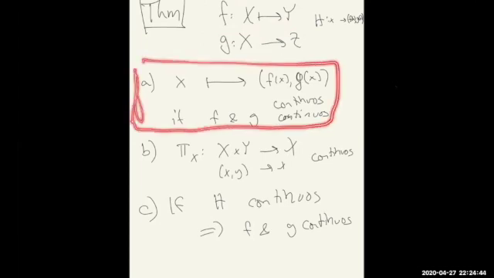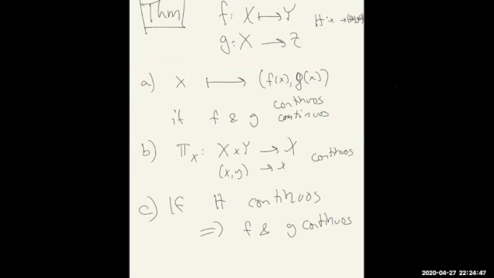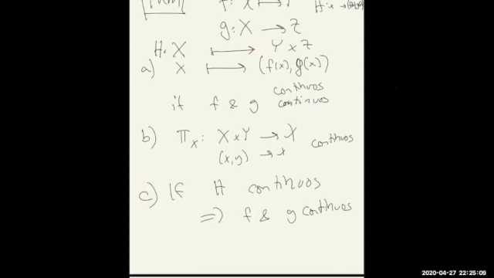First of all, if you place those functions as components of a single function, so h sends x to the pair f, g, and this is a map from capital X to Y cross Z, then this function is continuous if f and g are continuous. And conversely, if h is continuous, then its components are continuous.